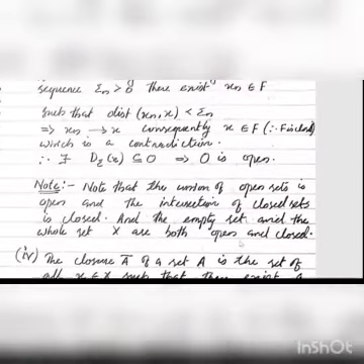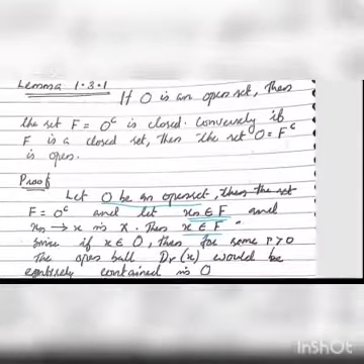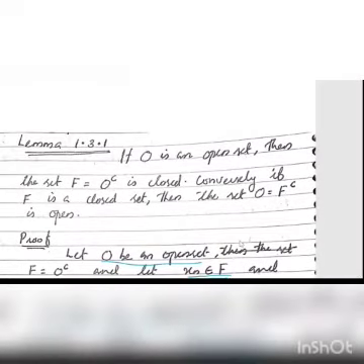Closure definition, open sets and closed sets, the relation connecting open set and closed set. We have proved all of this. So today I'm stopping here. Thank you for your patient listening.